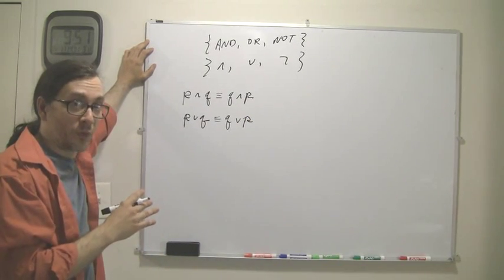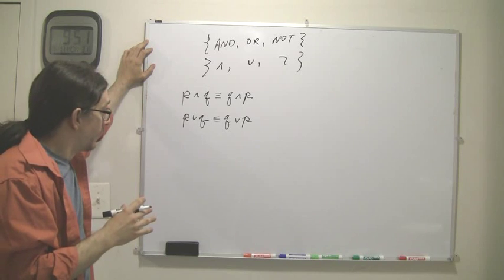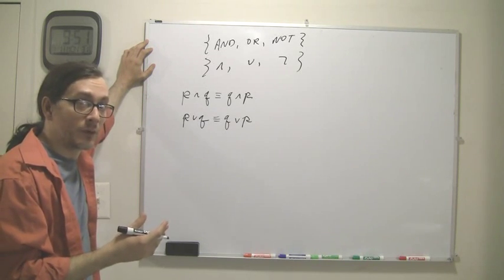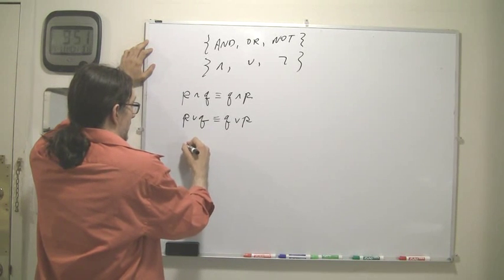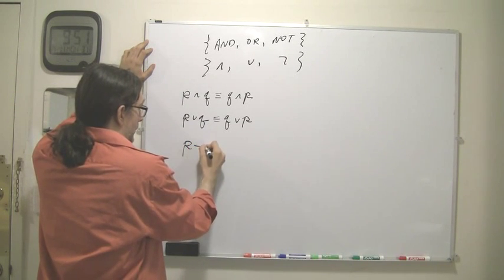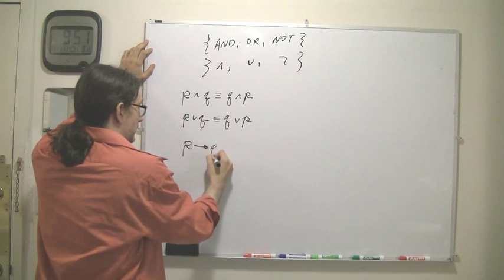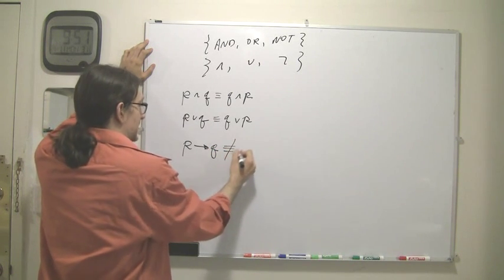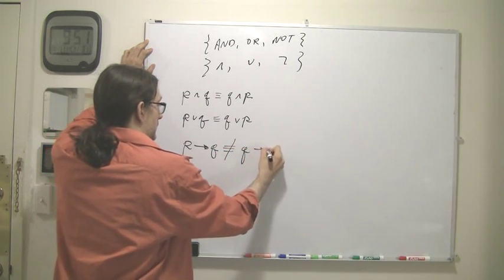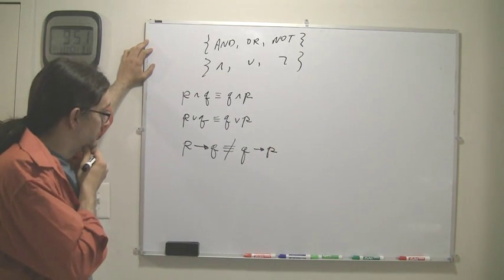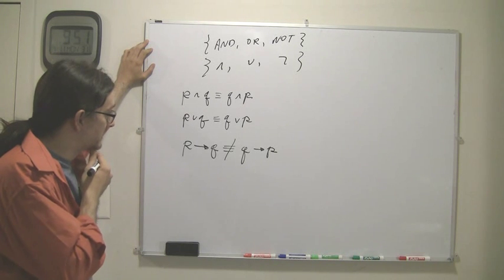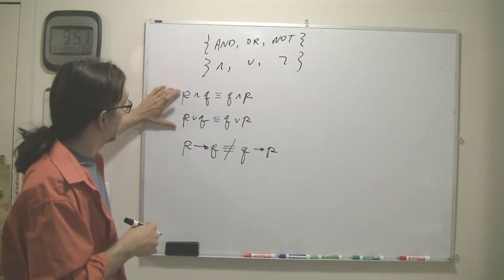And this is not true, however, of any Boolean operator or any Boolean function, right? You could easily have a very simple Boolean function like implication, which is not commutative, right?